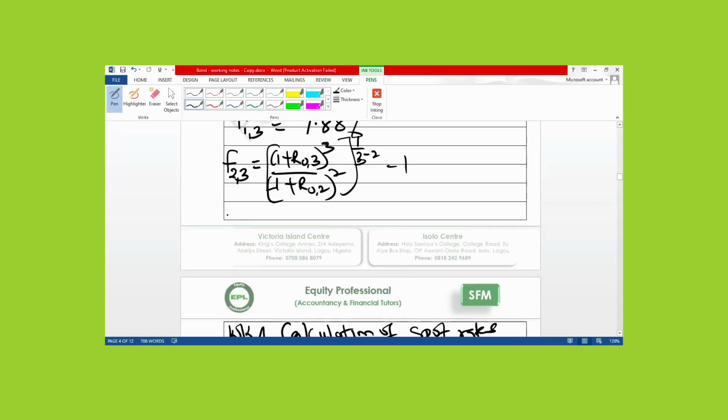That becomes F23: 1 plus 0.0683 raised to power 3, over 1 plus 0.062 raised to power 2.